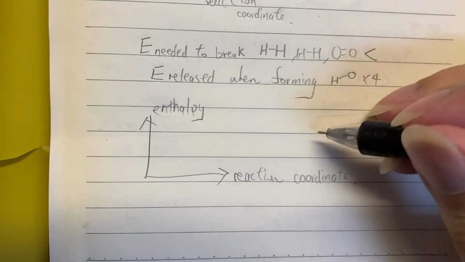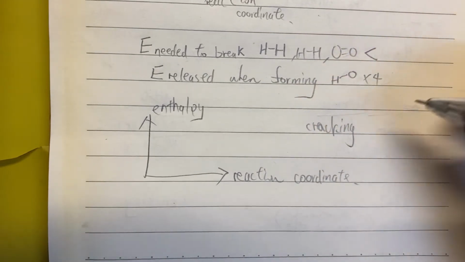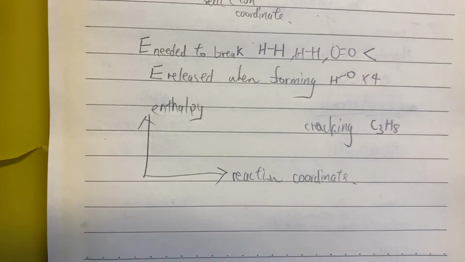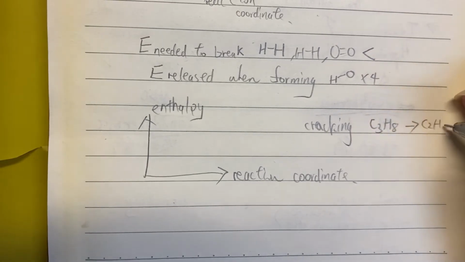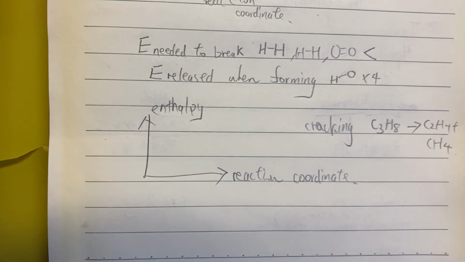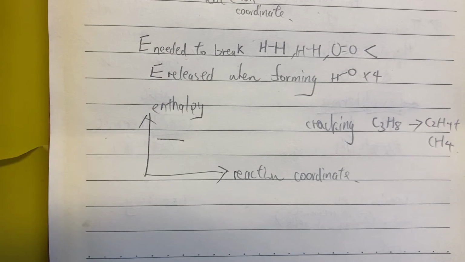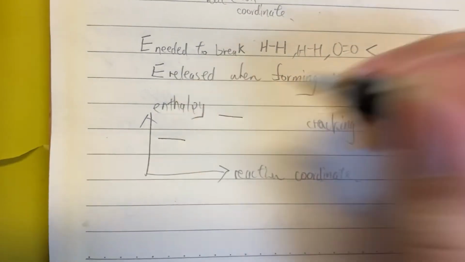Well, let me use an example of cracking of propane, C3H8, to become C2H4 and CH4 as an example. What happened in this case? It is endothermic. It means that you have to apply energy to the system.